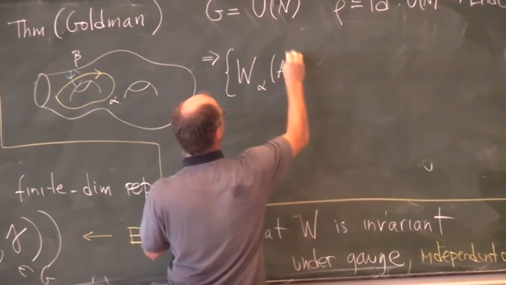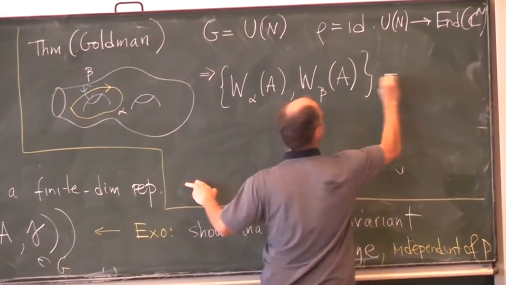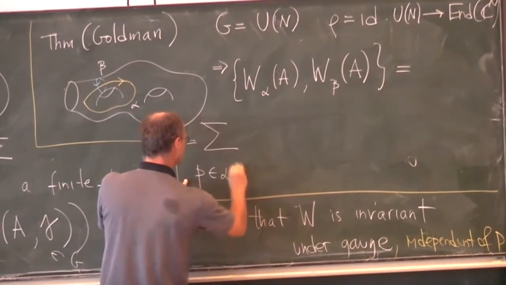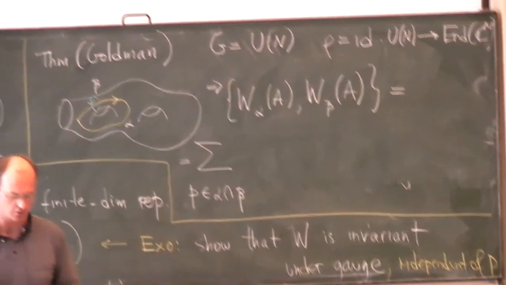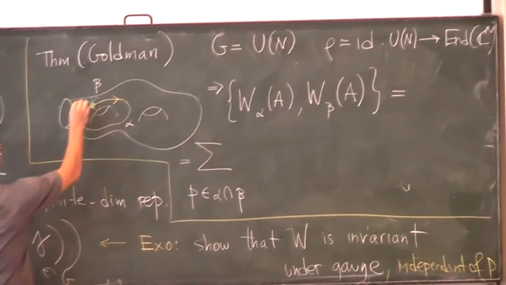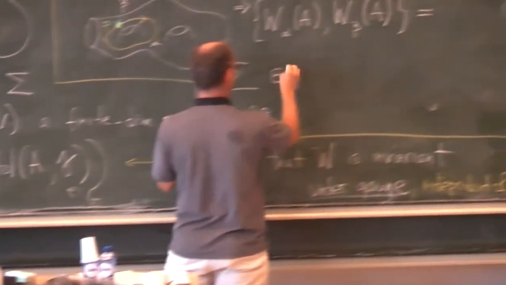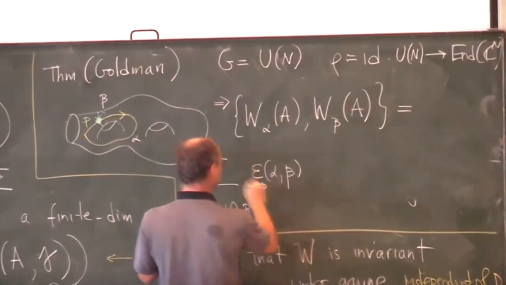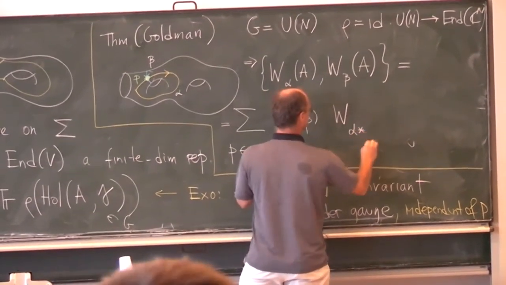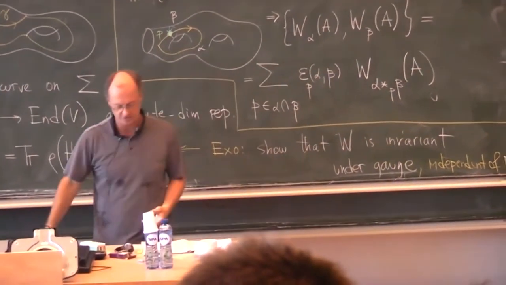So the bracket of W alpha of A and W beta of A will be the sum over the intersection points of the two curves. Here we have only one intersection point, so that's this P. And now it will be sign epsilon alpha beta P, I'll say in a second what it is, and then W of alpha star beta P, that's a new curve, and I also say right away what it is.